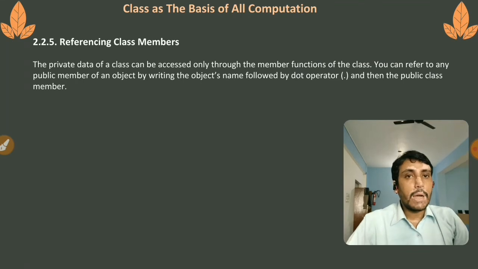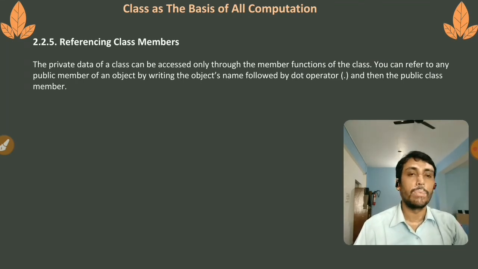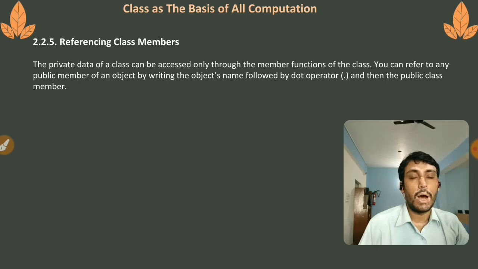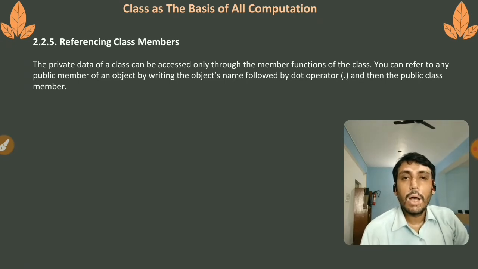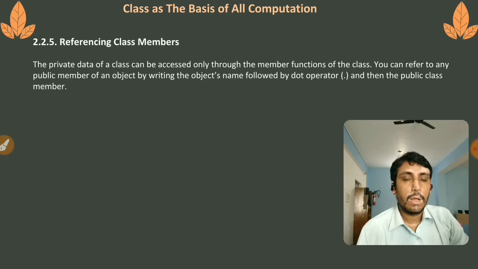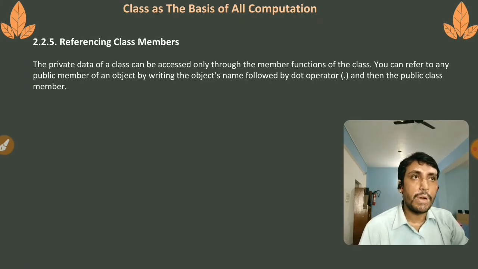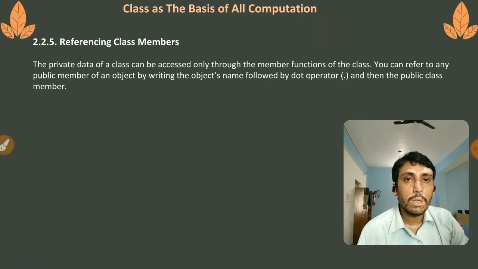The private data of a class can be accessed only through the member functions of the class. If we are using the private keyword, that is called an access specifier, and I'll explain it later in the class. Whenever we use the private keyword, the value of that variable can be used only in the member functions, the functions declared inside the class, not outside the class.